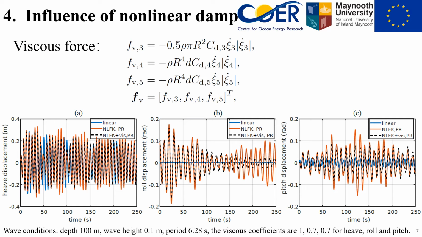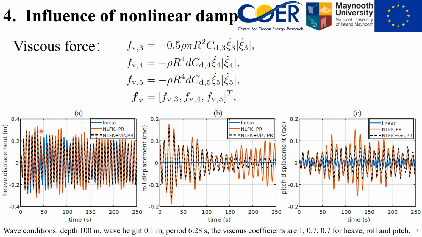Therefore, the viscous forces should be considered and can be treated as quadratic terms according to the Morison equation. The viscous coefficients CD can be selected empirically in this study. They are configured as 1, 0.7, and 0.7 for the heave, roll, and pitch motion.